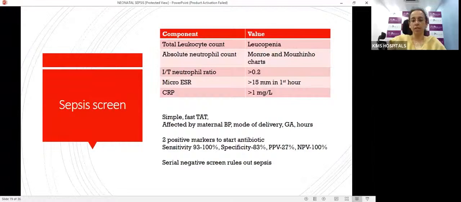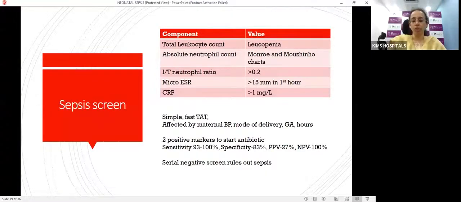The components of the sepsis screen, as we all know, are total leukocyte count, in which leukopenia in neonates is more significant, and absolute neutrophil count. This is available with various charts like the Manroe and Mouzinho charts. And immature to total neutrophil ratio, any value more than 0.2 is considered significant. Micro ESR more than 15 mm in the first hour, CRP more than 1 milligram per liter.